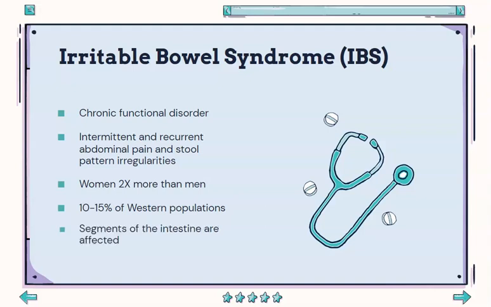Essentially, there are segments of the intestines that are affected by IBS. It's not the entire bowels. It's just segments here and there. And these segments are really what propel fecal matter forward and cause those incidences of diarrhea, where stuff just moves through a lot faster.